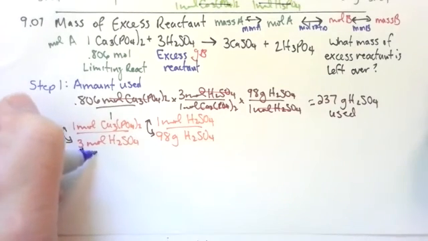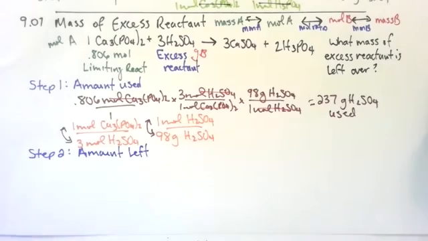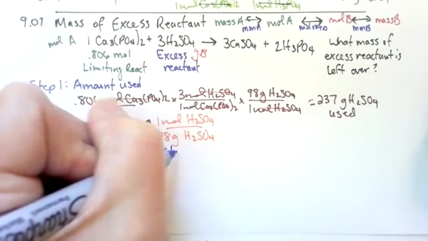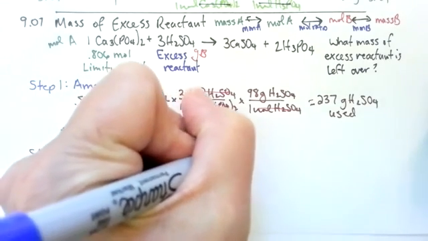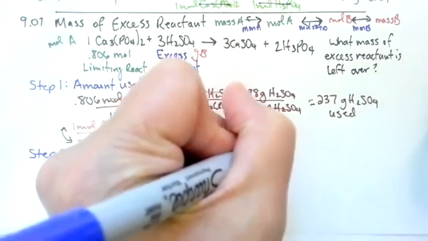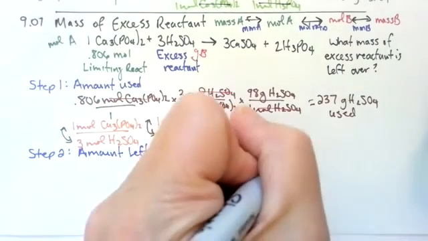But now, step 2, I have to find out how much is left. I need the amount left. Well, it didn't give it to me in grams. It says that I have 3 moles of this to start with. I started with 3 moles. So I'm going to have to convert that to grams. Remember to go from moles to grams, I have to do molar mass.